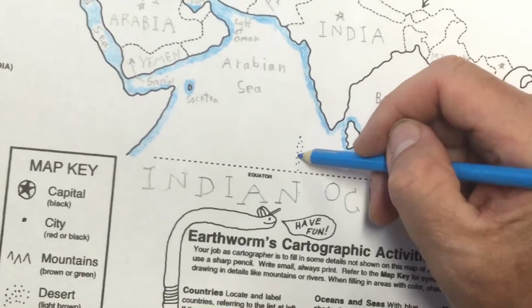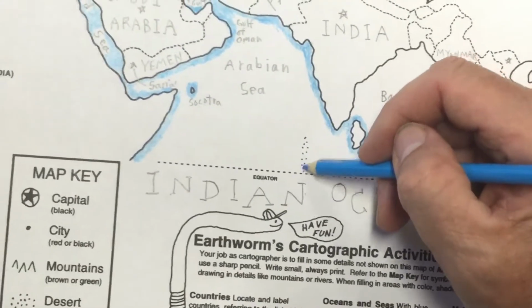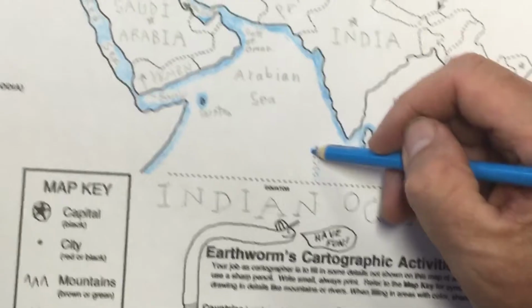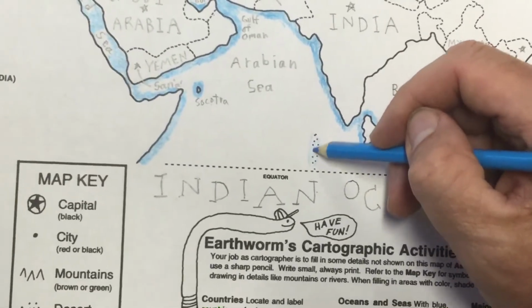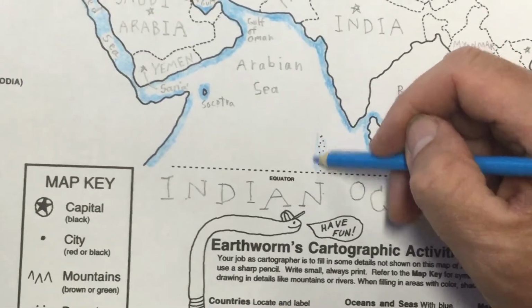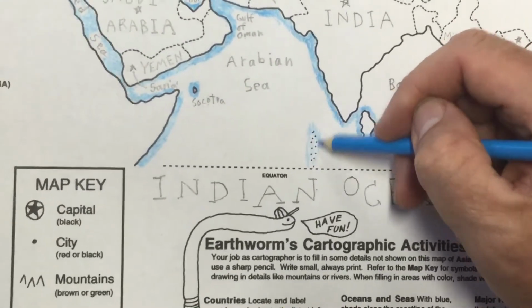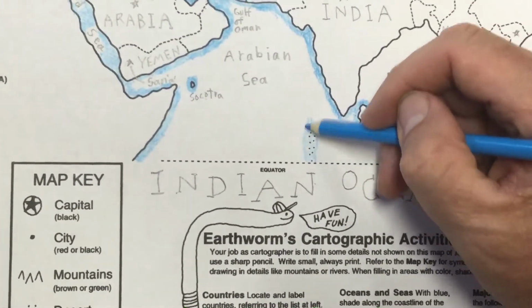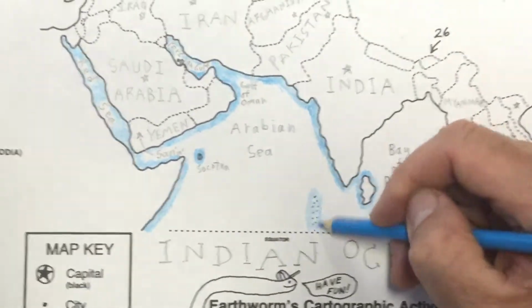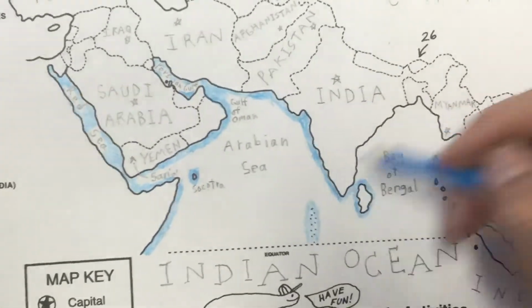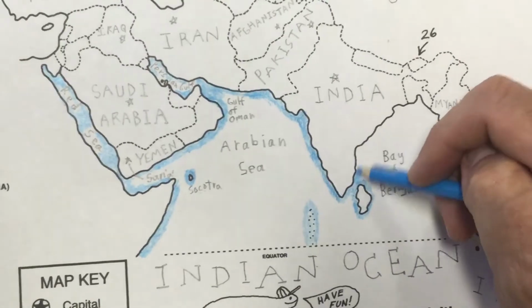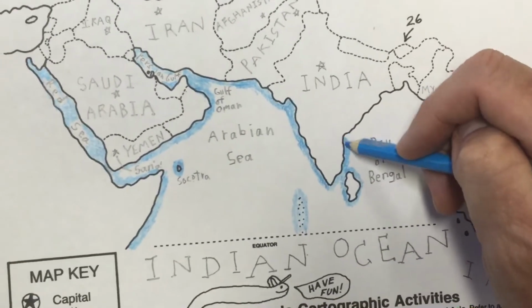All those little tiny dots, I would go very lightly just around them like this. Just a light blue to show that there is some islands in there. We'll be labeling those islands in the upcoming videos. All right, so let's work our way around India.